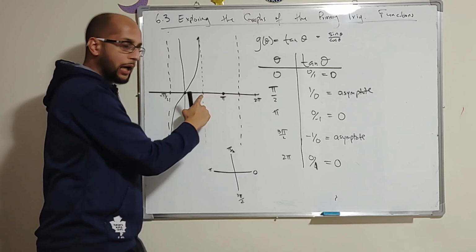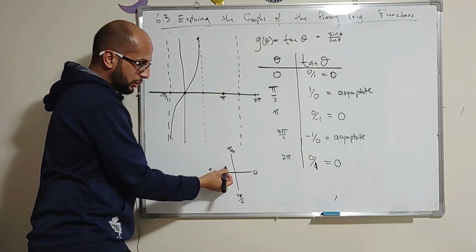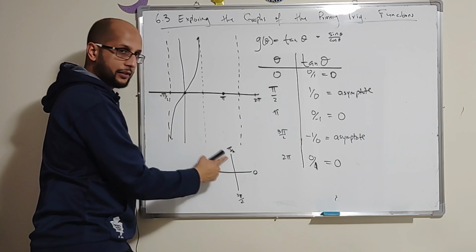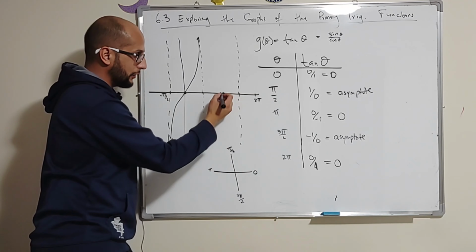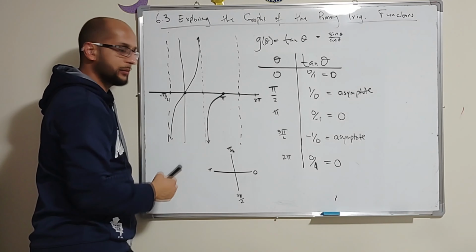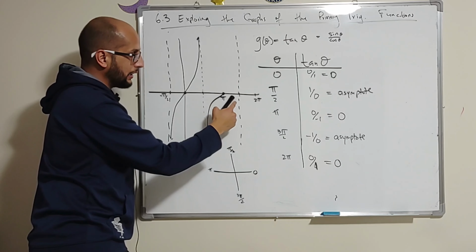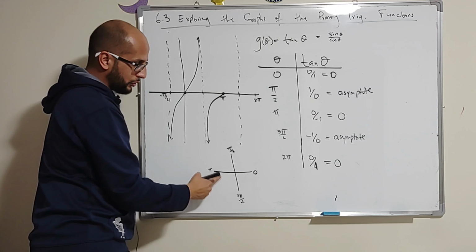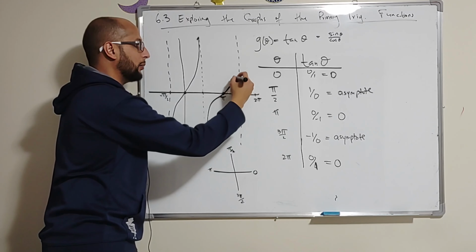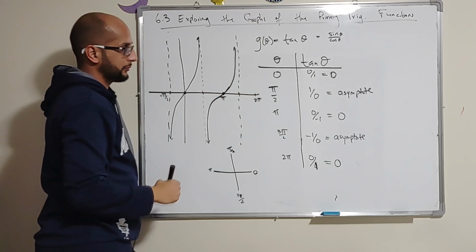Now from pi over 2 until pi, which is quadrant 2, I know that tan is negative. Therefore, this function will go down towards the asymptote. From pi till 3 pi over 2, quadrant 3, I know tan is positive, so it has to go up this way.